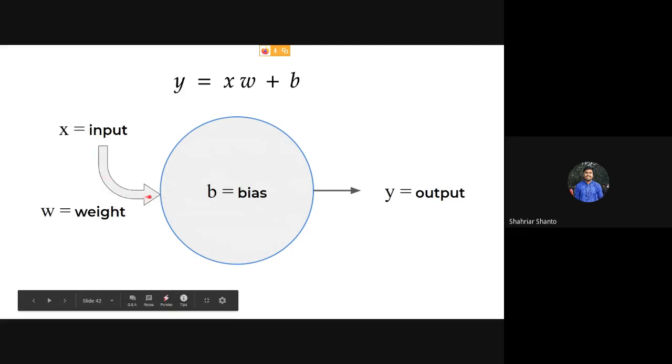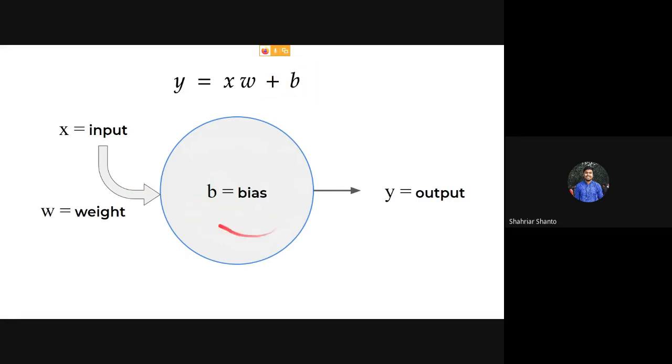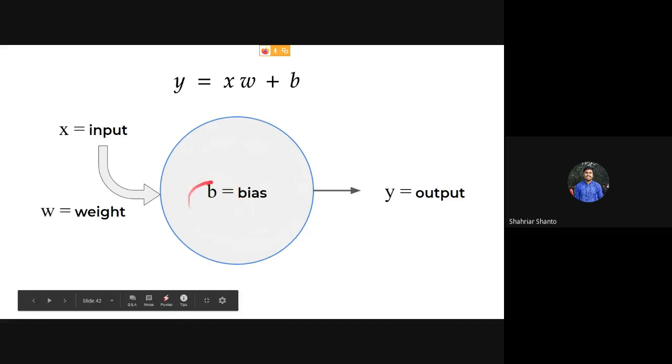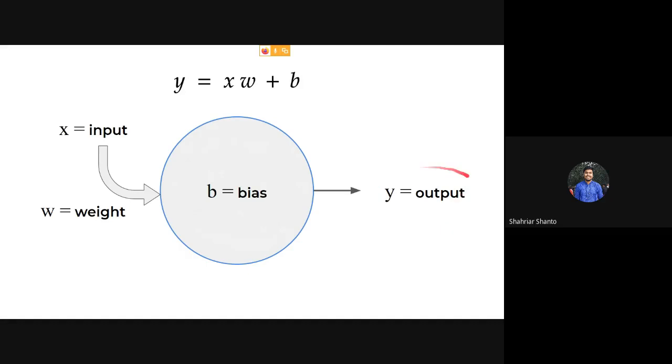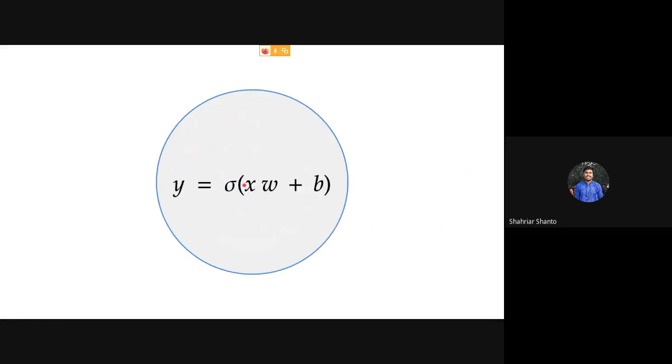The input x goes through a connection that has a weight of W, and then it is added to B, the bias. Bias is specific to one neuron, and the output we get is Y, which is the value held by this specific neuron.